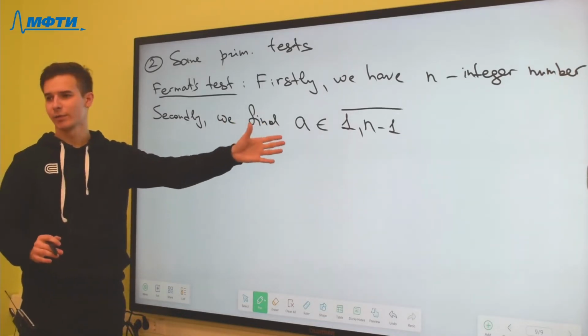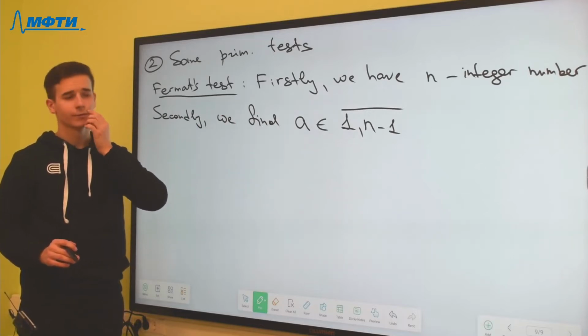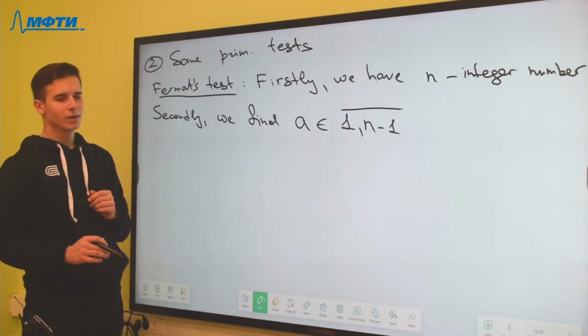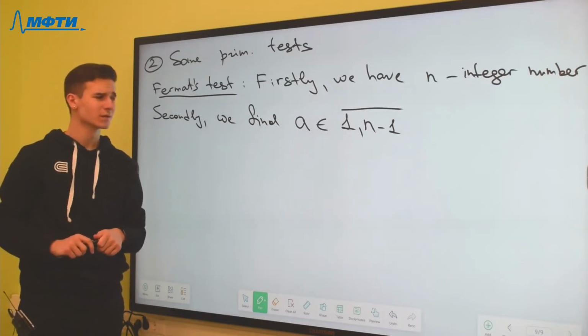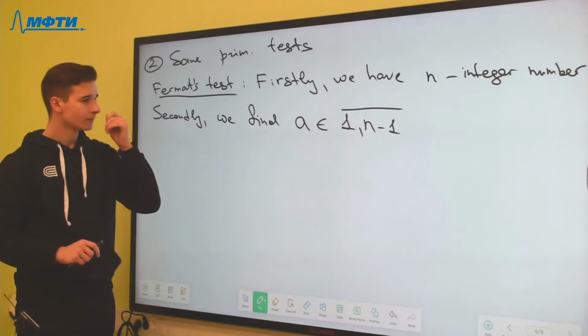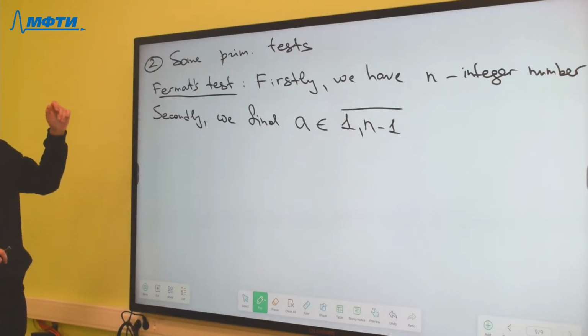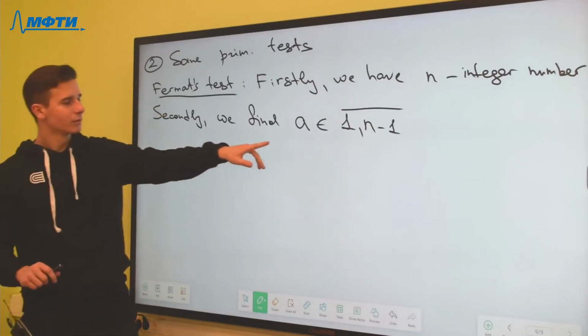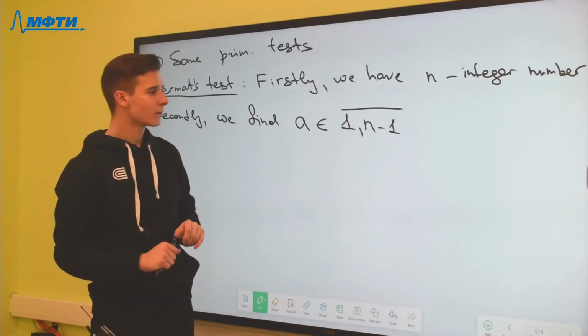It is a random number. We didn't choose some number, we say that it is a random number from this set.